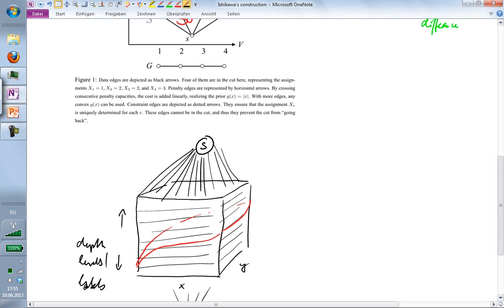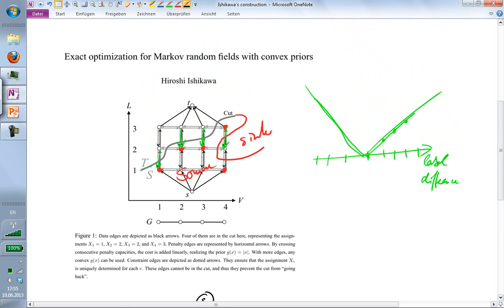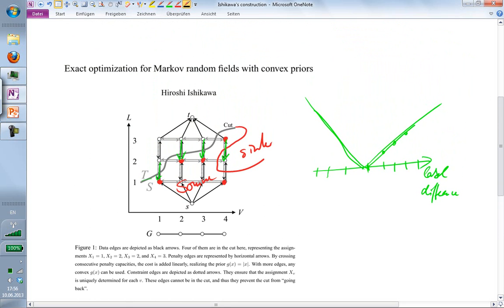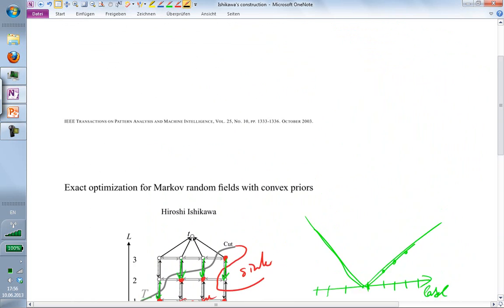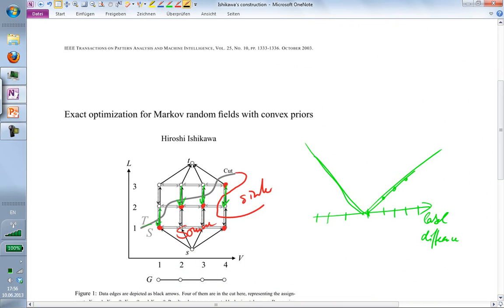So this is a smart way how GraphCut can be used to globally optimize even a certain subclass of multi-label problems. Now, for the remaining problems for which this nice scheme does not work, we need approximate algorithms.